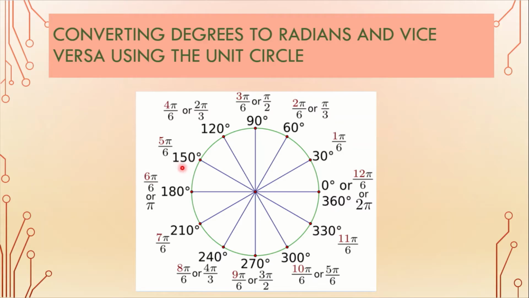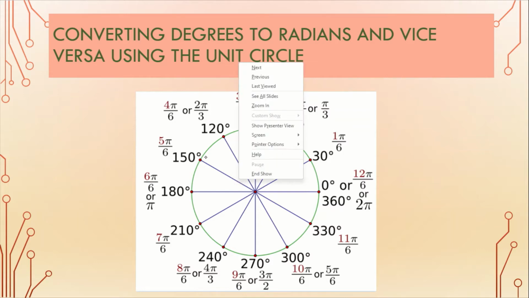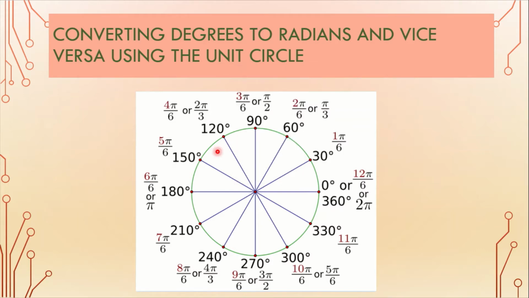Even 150 degrees, we are looking here at 5 parts out of 6, or 5 pi all over 6. That will be the radian equivalent of 150 degrees. Of course, 180 degrees is equal to pi.